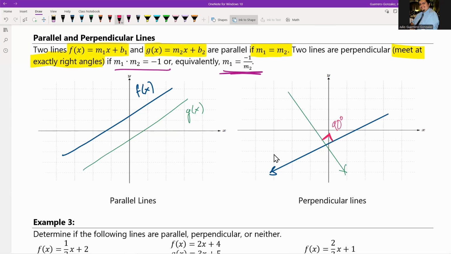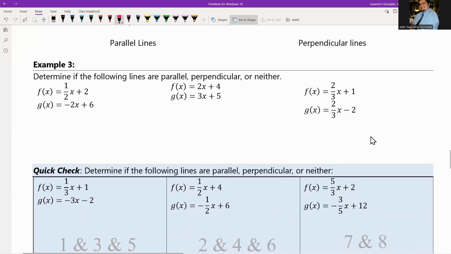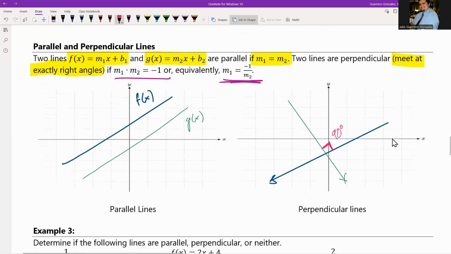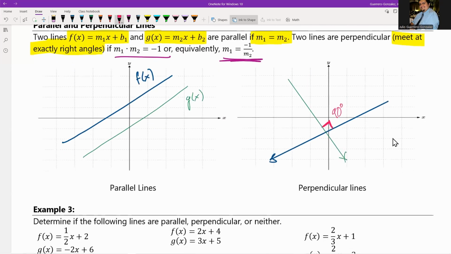So now, let's say I gave you guys some linear functions. How can you determine whether one is parallel, perpendicular, or neither? And that's perfectly fine too. You follow the rules that were above, up here. Parallel is if they're equal. Perpendicular is if they multiply to -1. And it's neither if neither one of them works.